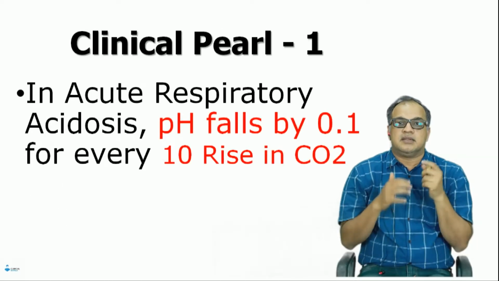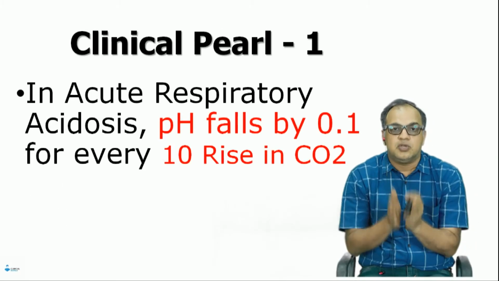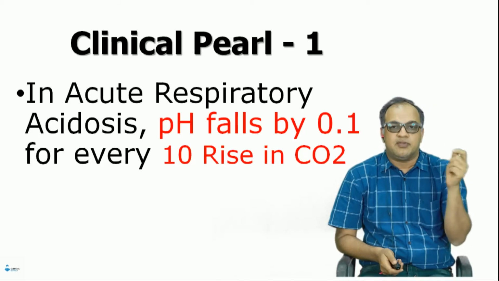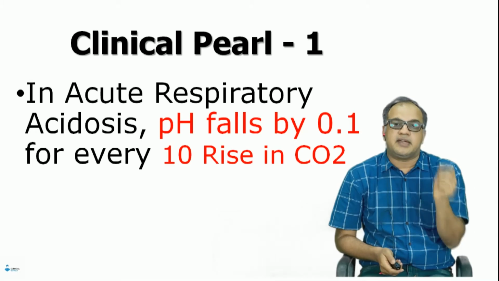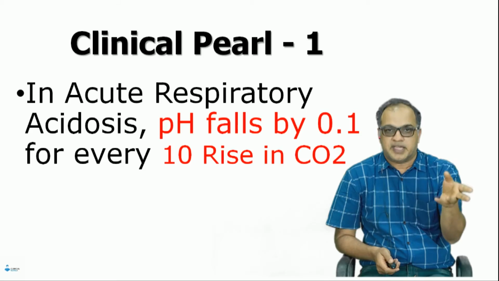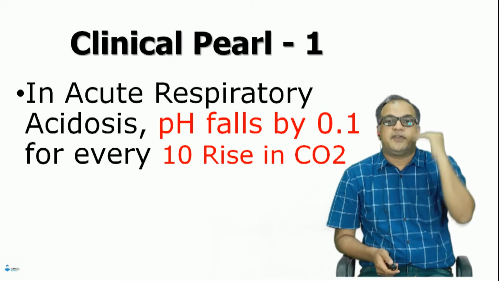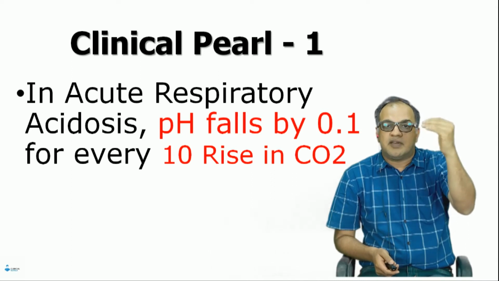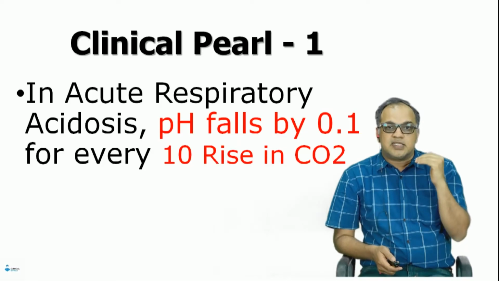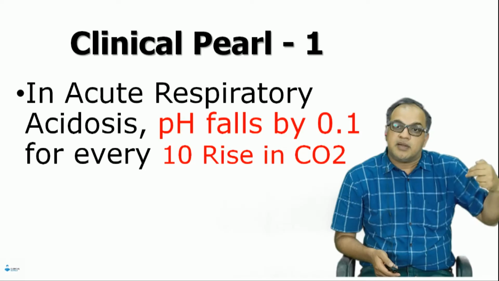I'll go further. The first clinical pearl in anesthesia is that in acute respiratory acidosis, pH falls by 0.1 for every 10 rise in CO2. Our normal value of CO2 is 40. So if CO2 increases from 40 to 50, the pH should go from 7.4 to 7.3. If the CO2 rises from 40 to 50 to 60, the pH should fall 0.1, 0.1, 0.2.